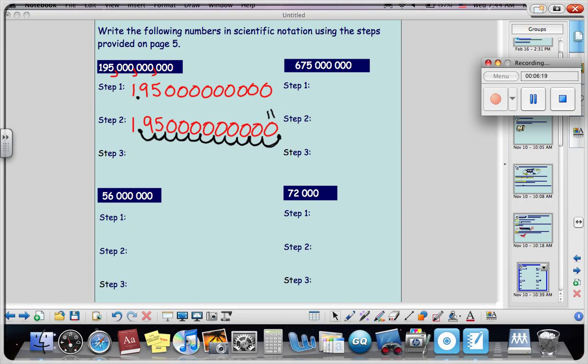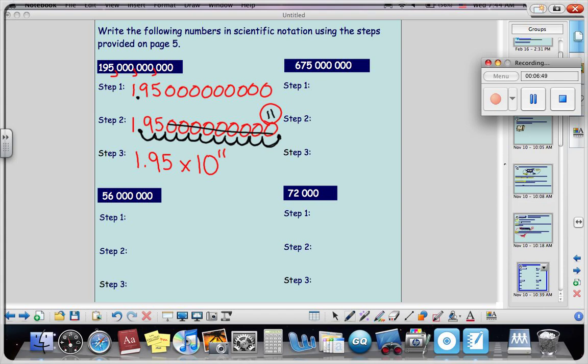It took me 11 counts. So now I drop the zeros and I write my coefficient, 1.95, multiplied by base 10 always, and I take what I got, my exponent, 11 counts, and that would be my scientific notation.